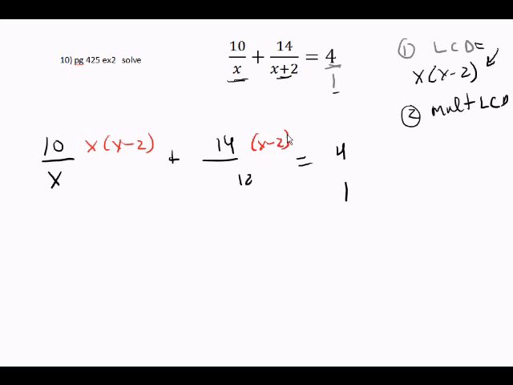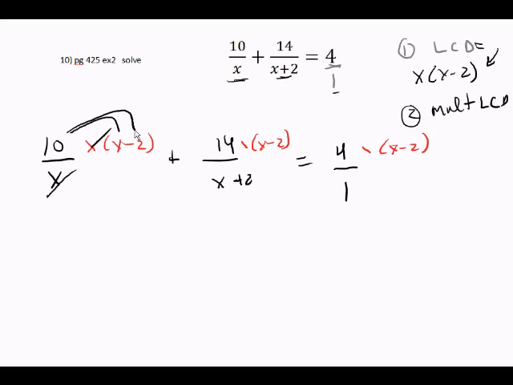And I'm going to multiply all of these by the x times x minus 2. And watch what happens. These x's cancel, and I'm left with 10 times x minus 2.